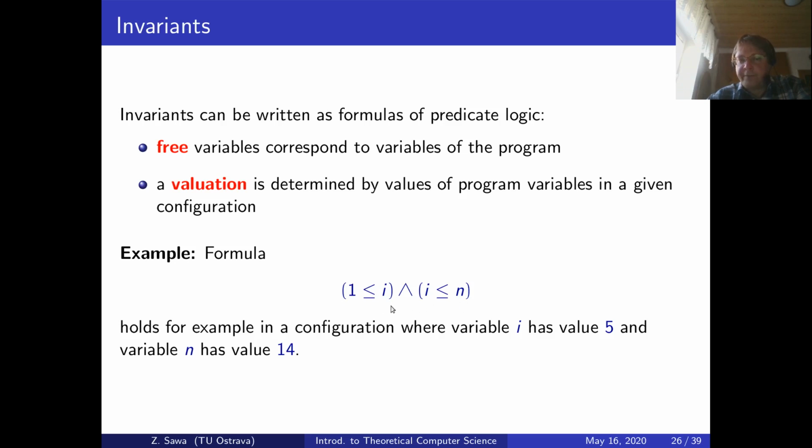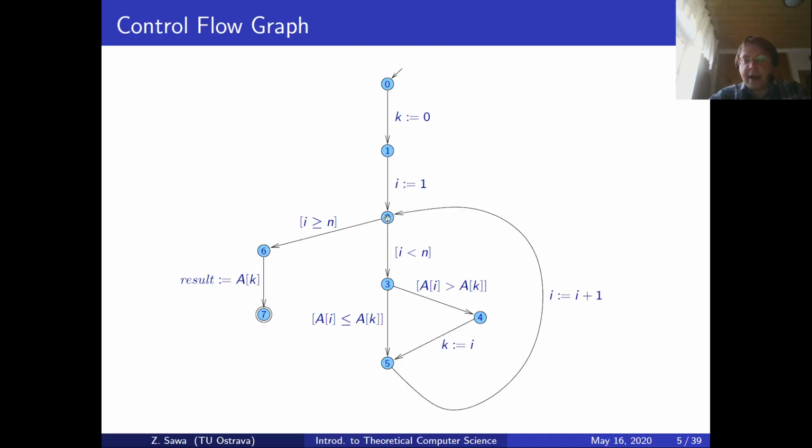This invariant basically says that the value of variable i will always be between 1 and n. It will be greater or equal to 1, and it will be less or equal to n. So if I had this graph, I could say that, for example, for this state I could have an invariant that in this state this invariant will hold.